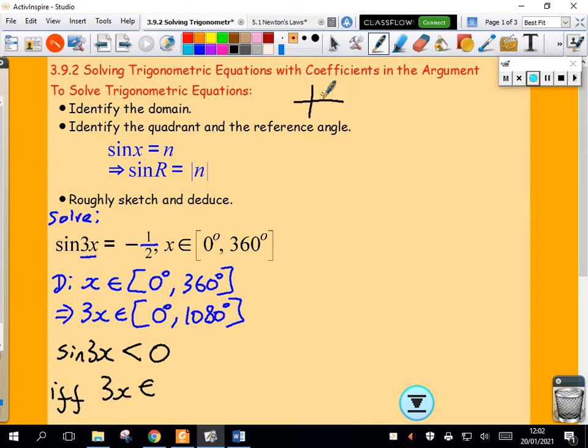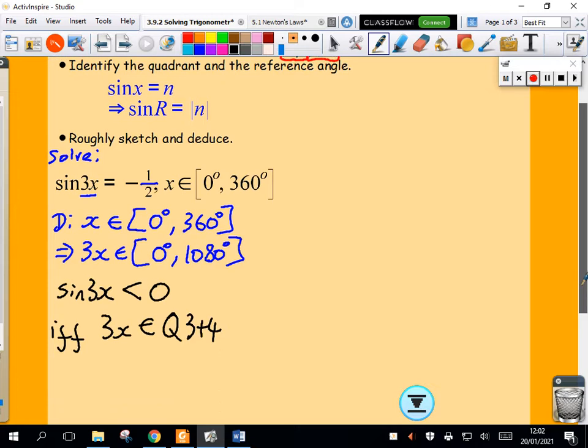We have our memory tool here. Sine is positive in the first and second quadrants, so it's negative in quadrant 3 and quadrant 4. So we're dealing here with quadrants 3 and 4.